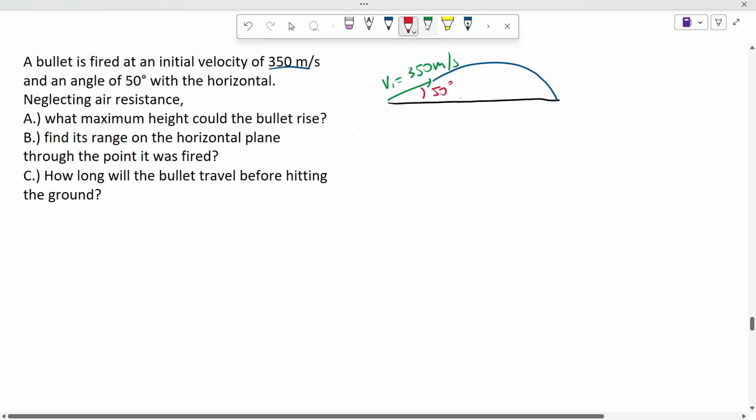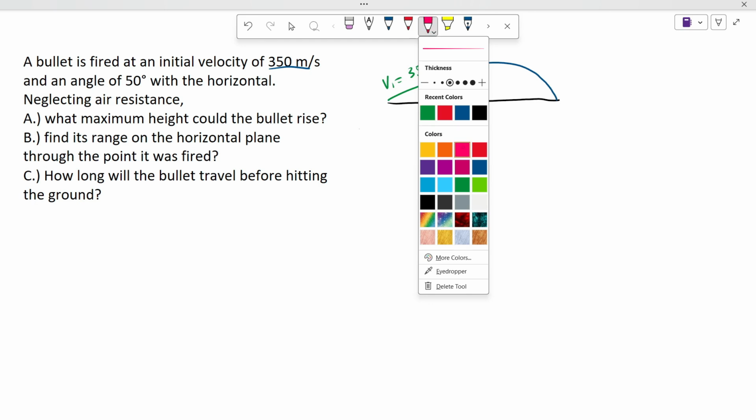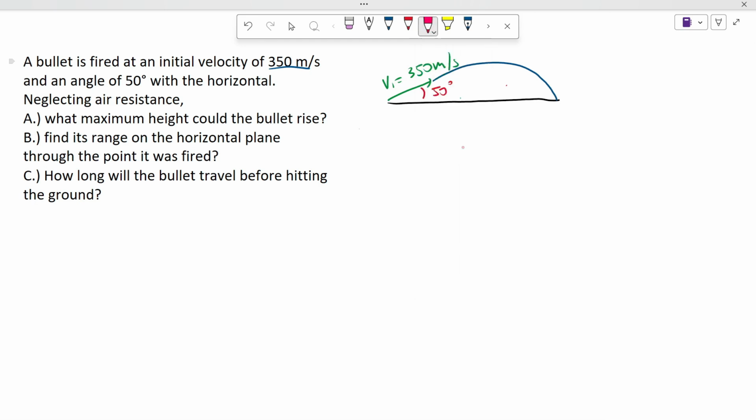Ang question yan dito guys is, neglecting the air resistance, what is the maximum height? Could the bullet rise, and find its range on the horizontal plane through the point it was fired? So ito yun.